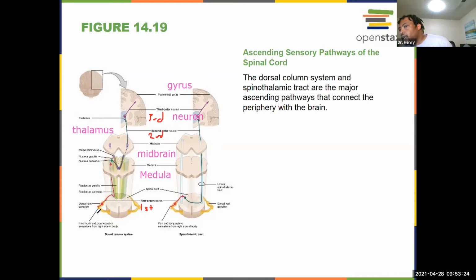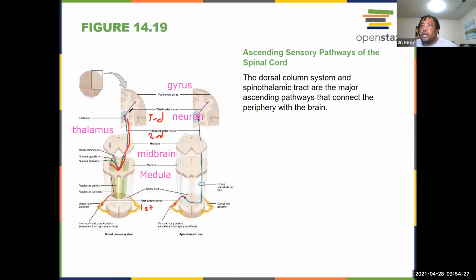We're going to go from the spinal cord to the dorsal root ganglion, up through the fasciculus cuneatus and the fasciculus gracilis. We continue up to the nucleus cuneatus, and then through the nucleus gracilis, and then to the medial lemniscus up to the thalamus.